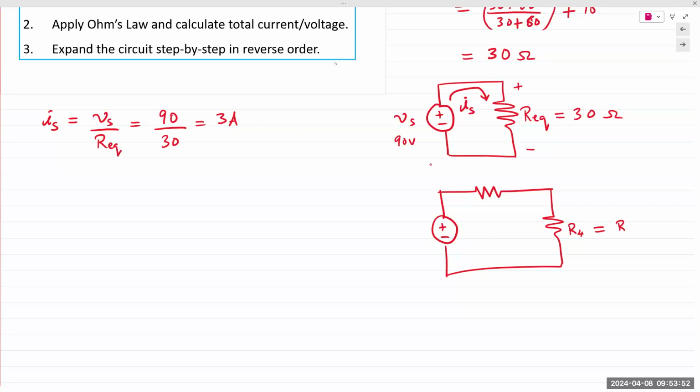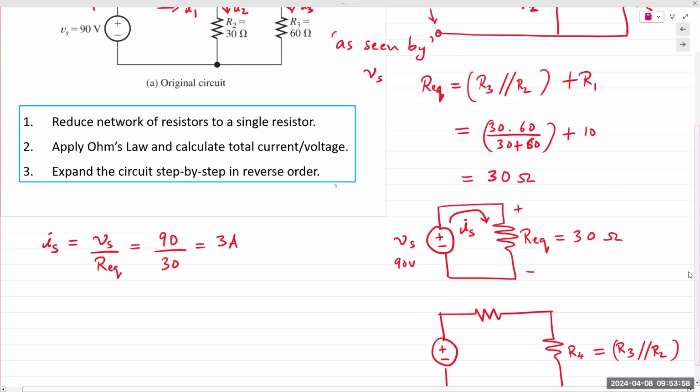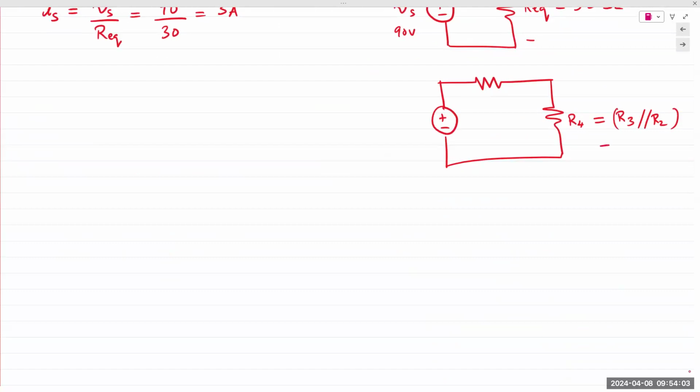R4 is the parallel combination of R3 and R2, which was what? 20 ohms. So this is 20 ohms, and this is 10 ohms. IS is flowing through both the 10 ohms as well as the 20 ohms. So now you tell me what is the voltage across those resistors from Ohm's law.